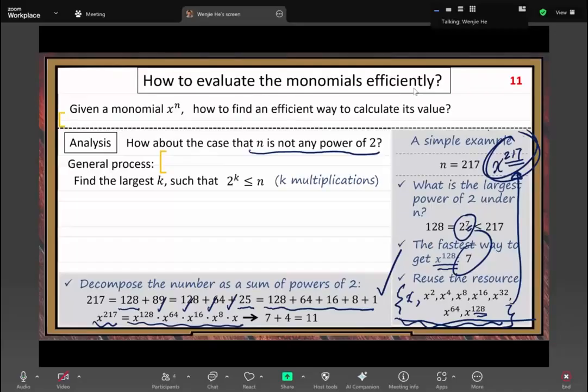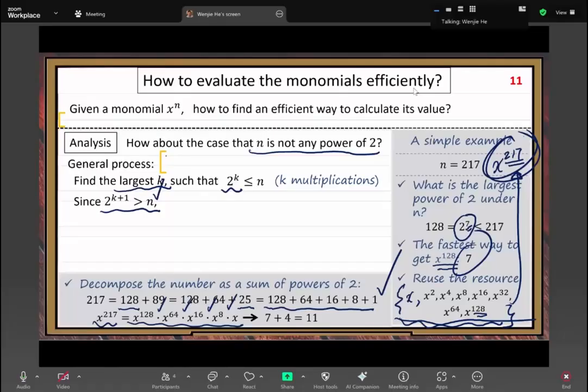And you know 2 to the k plus 1 is strictly greater than n, because in that way you get the largest power of 2 less than or equal to n. Otherwise, if this inequality is not true, you can increase that k number.